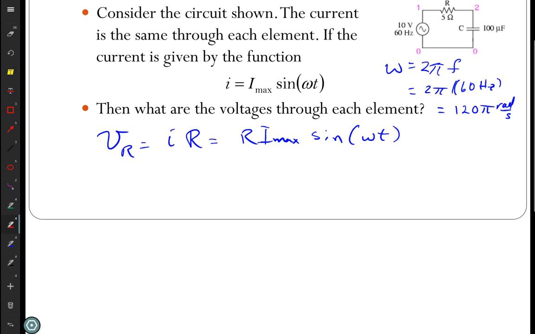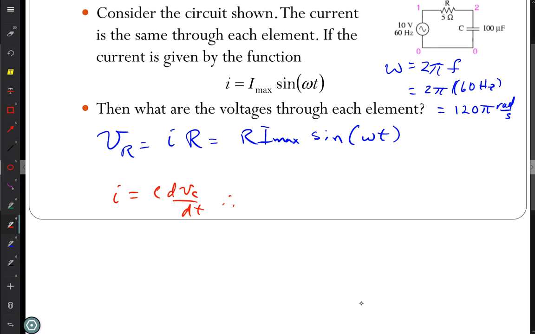So for the capacitor, we just saw that current, well, I don't need to put C. It's a series circuit, so they all have the same current, is C dV capacitor dt. How can I solve this for the voltage across the capacitor? Before I integrate, I have to separate variables.